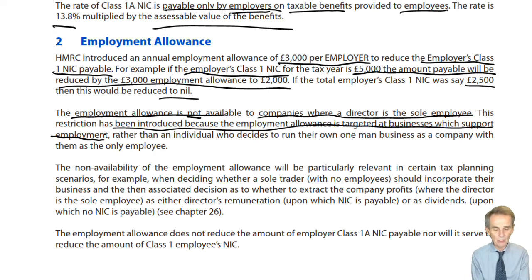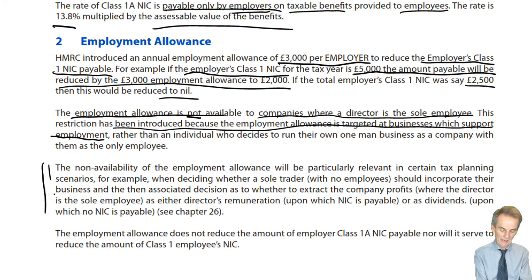It's an encouragement for employers to employ more employees. That's the idea. It's not designed so that a one-person company, that individual can get a £3,000 reduction in the employer Class 1 NIC, which is entirely to do with their earnings. So not available in that circumstance.